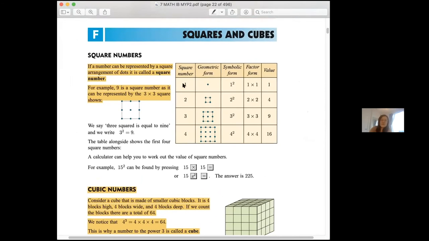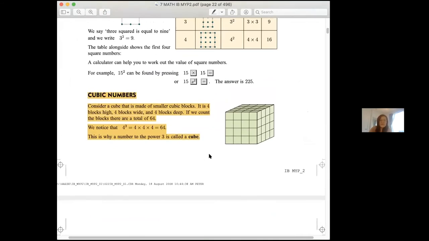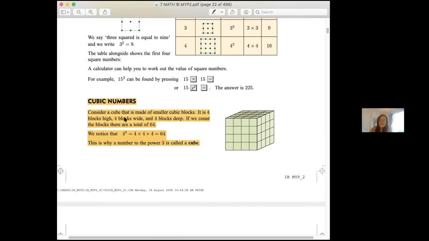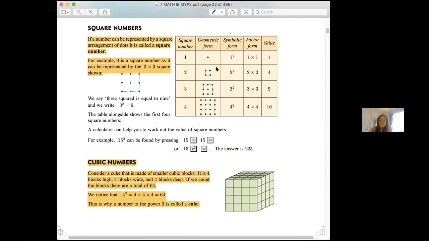As we may notice, if the index is 2, we read it as 2 squared or 3 squared. If the index is 3, we read it as cubed. So like this one is cubed. For those values, we call them square numbers or cubic numbers. For example, 9 is a square number as it can be represented by 3 times 3.